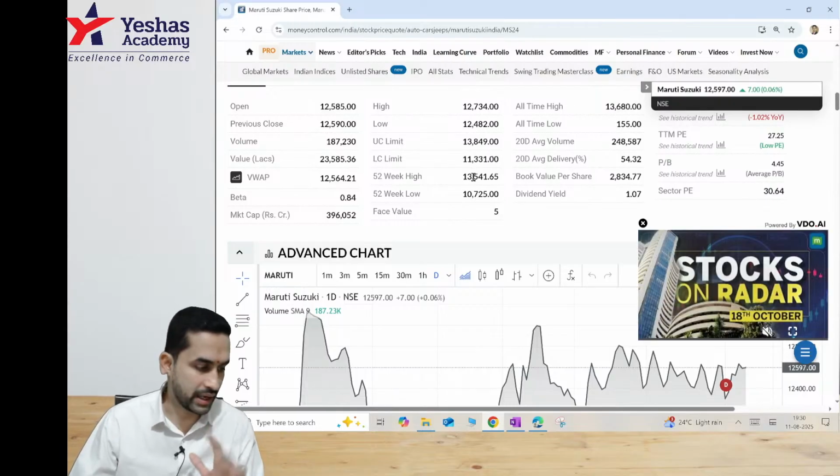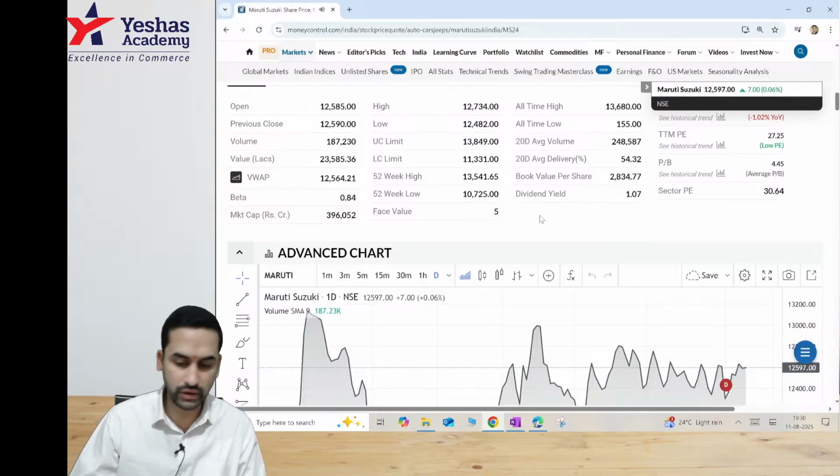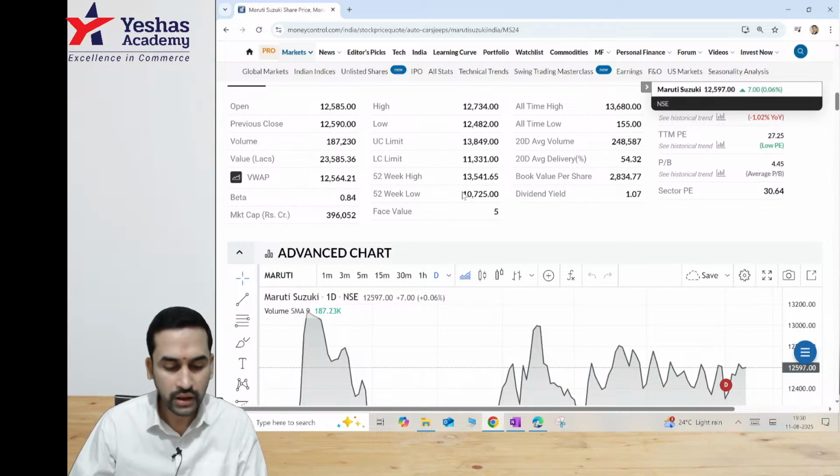Maybe you'll have to just wait. I'm not saying it's a bad share to buy, but why to buy it at a high price? You can wait. Whenever the price falls, you can buy. Correct? Next 52-week low. That means it has never gone below this in last 52 weeks, 1 year. Face value of the share is 5 rupee. Yeah. Next you have something called all-time high.